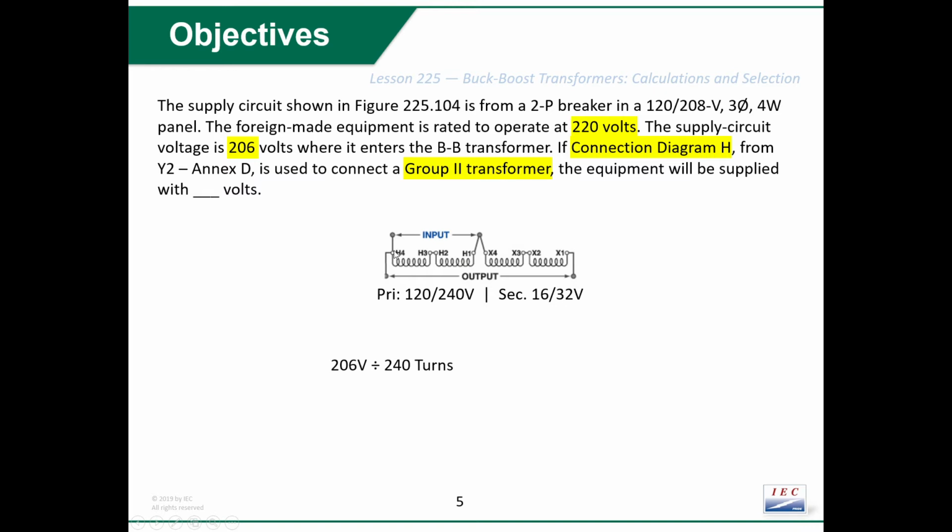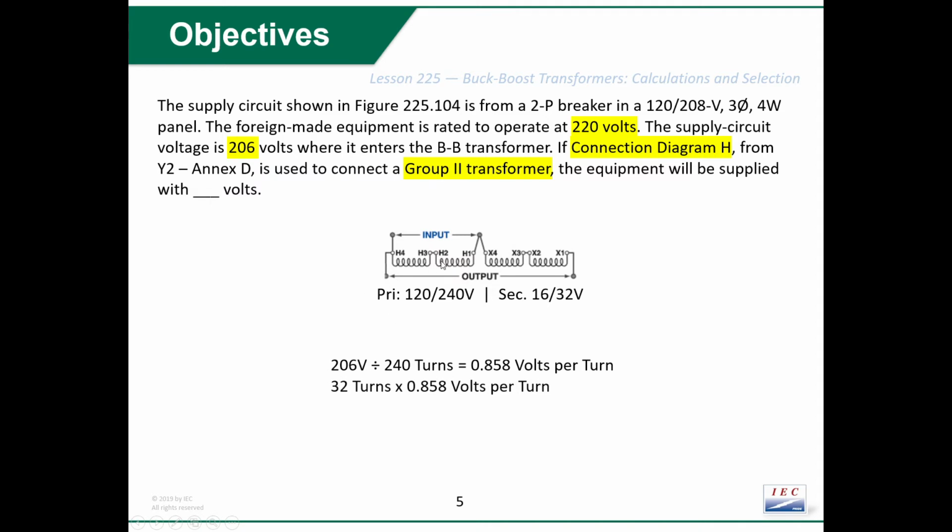So if we apply 206 volts to these 240 wraps or turns that it's connected to, we would theoretically have 0.858 volts per turn, or 0.858 volts for every rated volt, however you want to look at that. So essentially for every one rated volt, we're actually only getting 0.858 in this particular case with our input voltage.